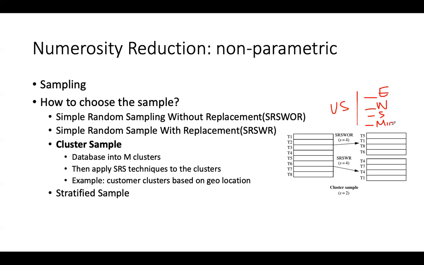We create these clusters, find the people represented in them, and then take samples from each cluster. From this sample, we can identify whatever feature we want to use, and then apply these techniques. That's cluster sampling, as simple as that.